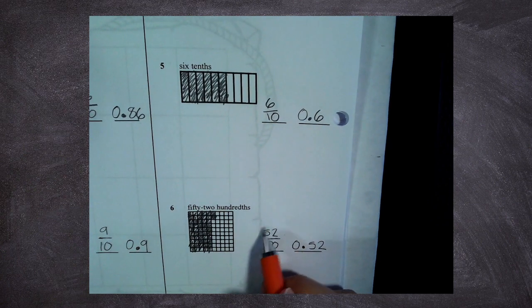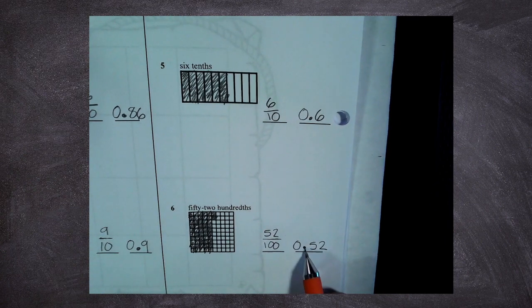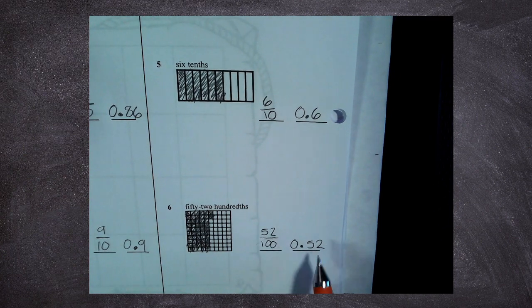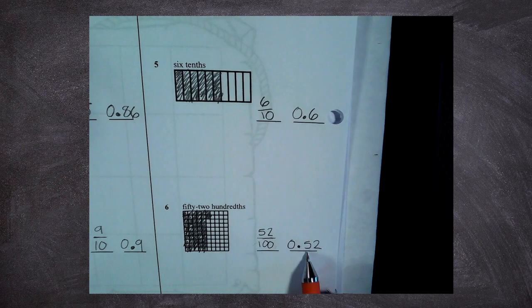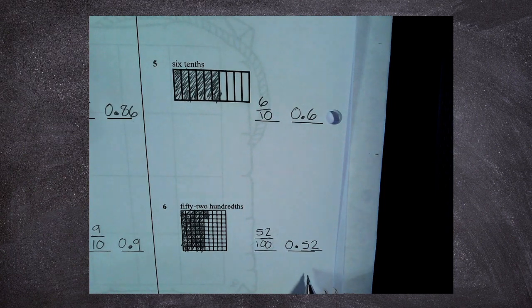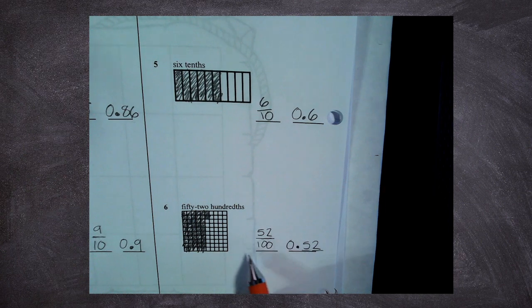Remember, the numerator, the top number, that's what goes after the decimal. So since 52 is my numerator, 52 goes after the decimal. The denominator tells you the place values. If my denominator is 100, I need to use the 10th place and the 100th place to write it. And since there's nothing in front of my fraction, there's nothing in front of my decimal.